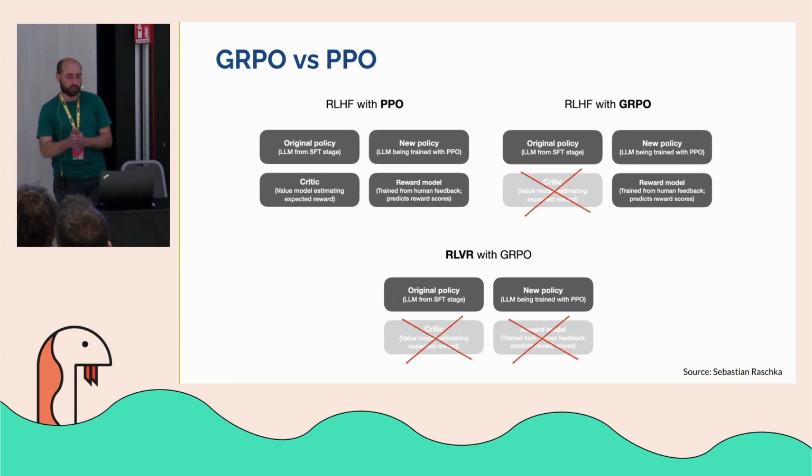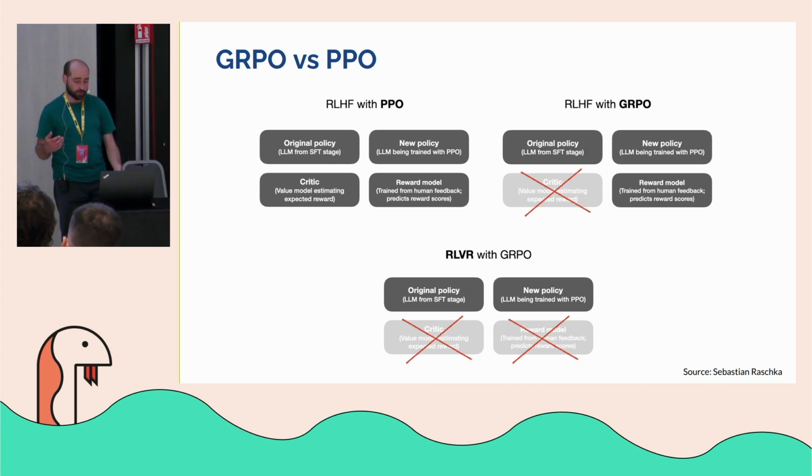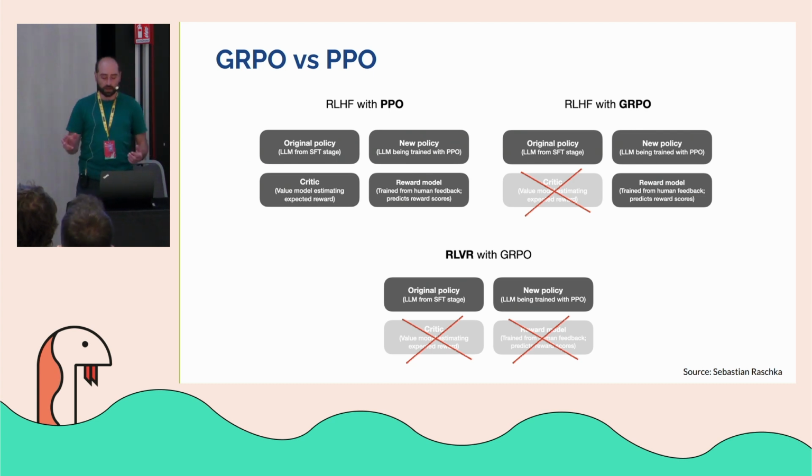Here, this is an image by Sebastian Raschka, which shows the models used with different techniques. As you can see, in reinforcement learning with human feedback, with proximal policy optimization, 4 models were used. When you use GRPO, only 3 of them are used.